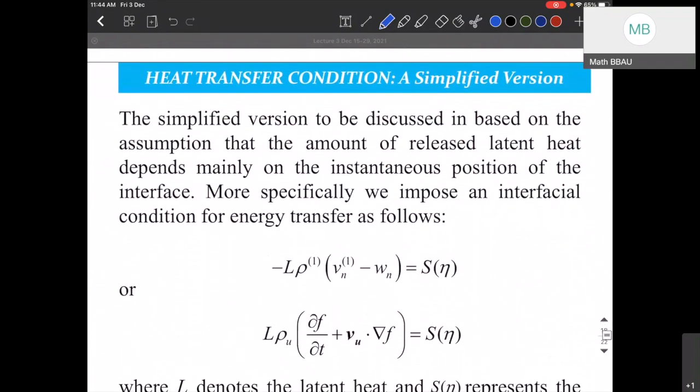This simplified version says we can neglect the effect of kinetic energy because it is very low in comparison to the latent heat at the interface.